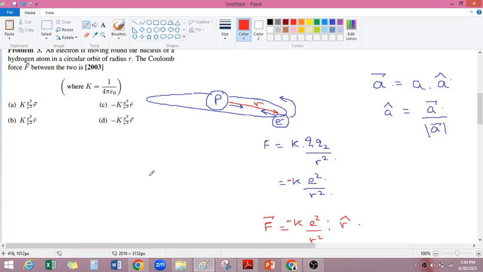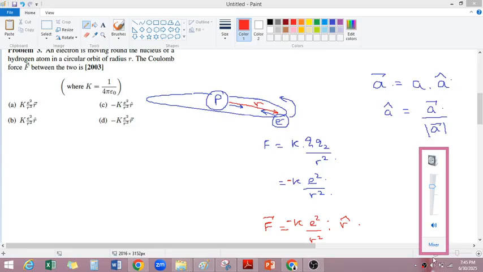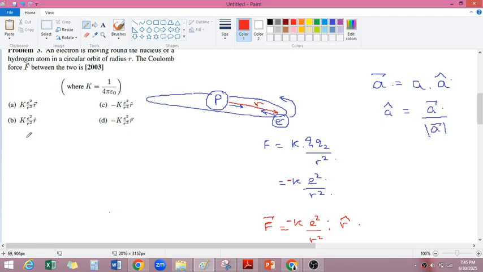I don't see that option. Minus k e squared by r... The B option? B, sir. B for ball. B is missing the minus again. Since they have given minus also, plus into minus gives a minus here.